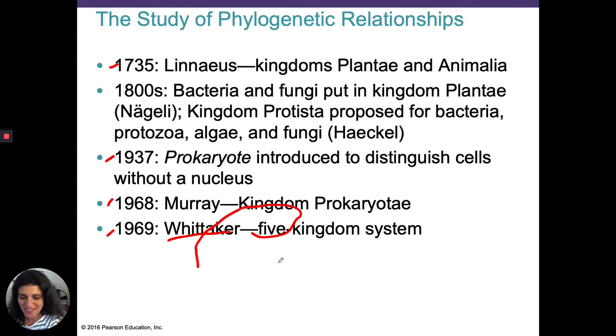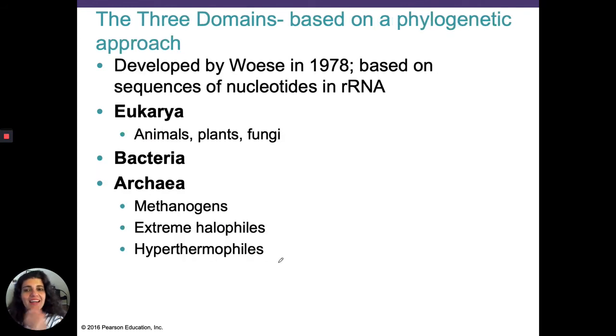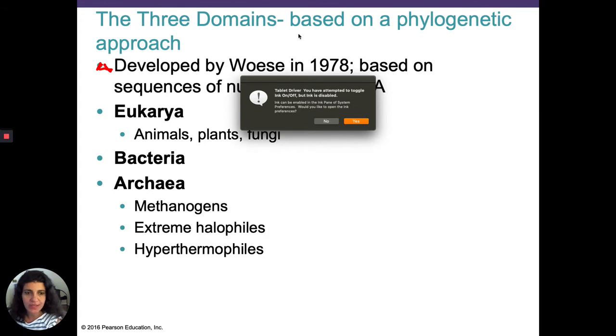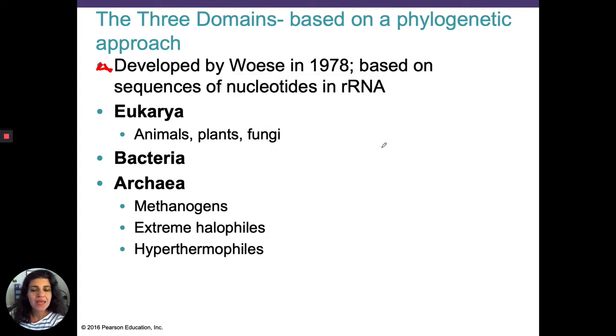The five kingdom system. Okay. Woese in 1978 had a very interesting observation that followed us until recent days, which is when he was looking at ribosomal RNA sequences. Remember that ribosomes have RNA.